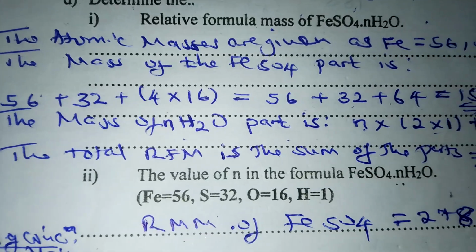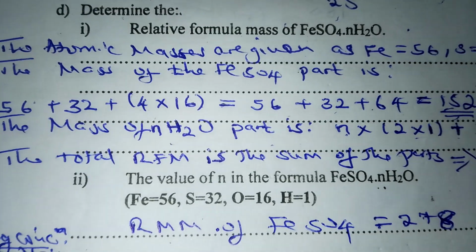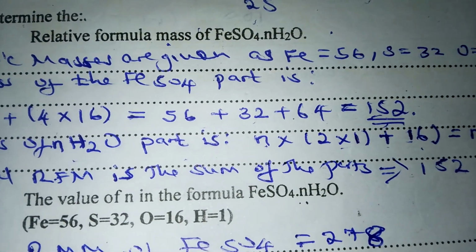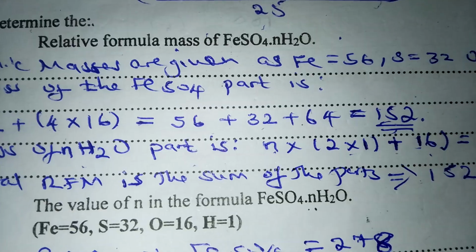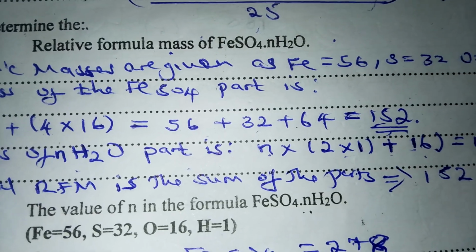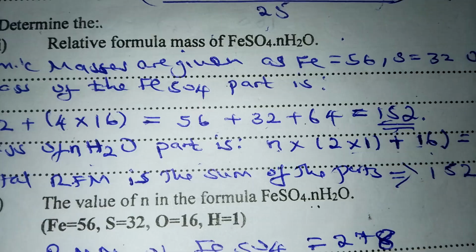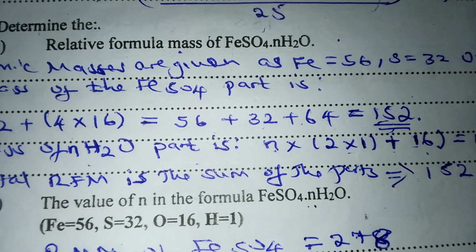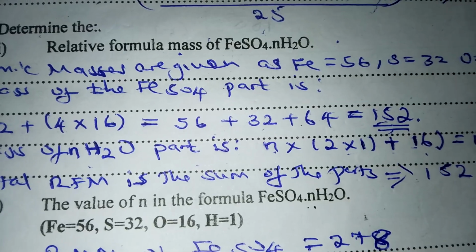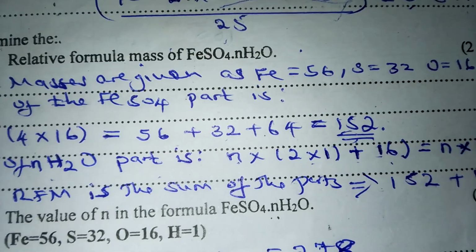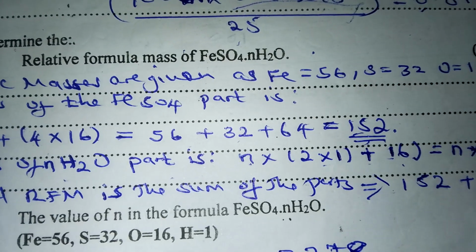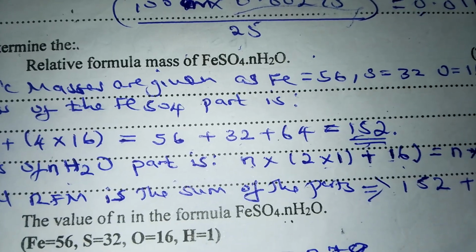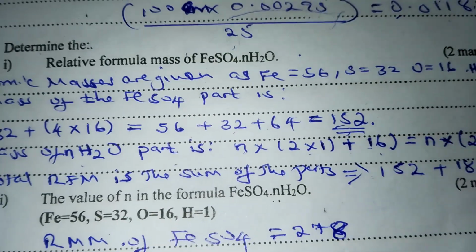So the mass of the water part is n times 2 times 1. We multiply by 1 because hydrogen is only 1. In the water molecule hydrogen atoms are 2 and oxygen is 1, that's why it's called H2O.